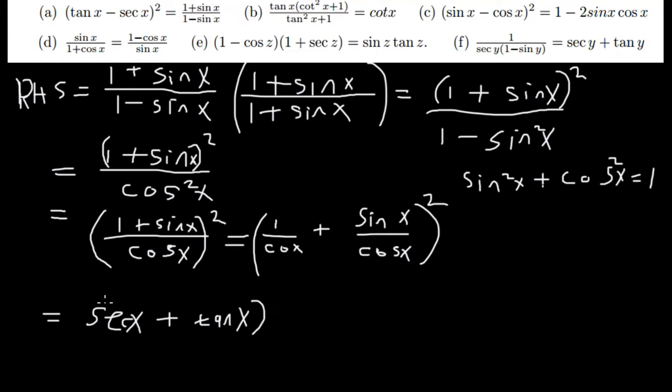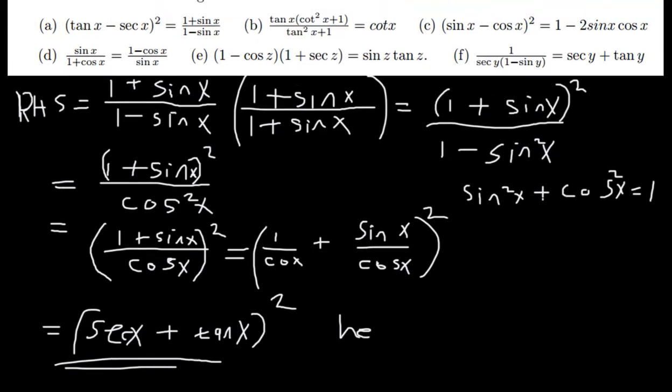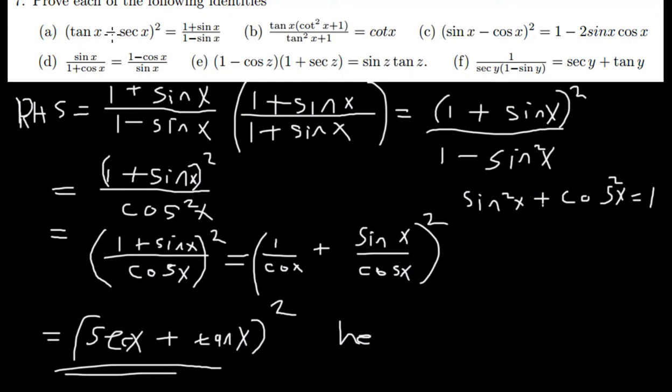Then I'll put everything in brackets and then squared. So this is how your final answer is. Hence proved. But when you look at the question here, there is a minus here, which implies that it is a typing error. They were supposed to put a plus here, not a minus. So let's move on to the next question.